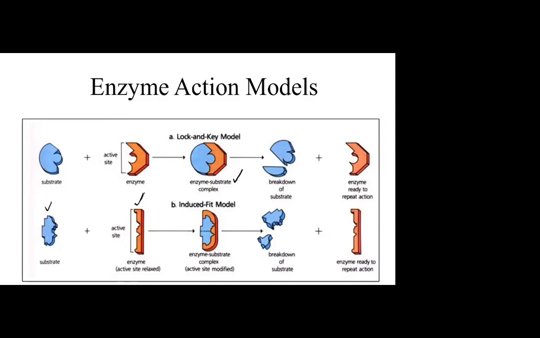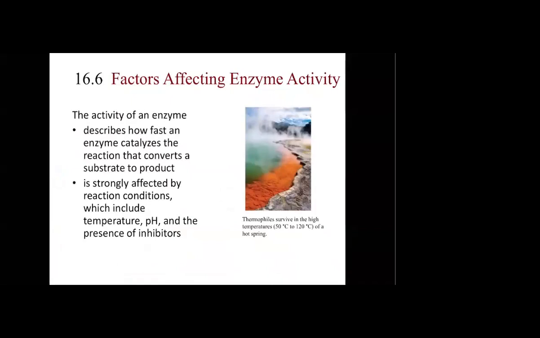Now, enzymes can be affected by a number of factors, okay? Remember, they are catalysts. They are going to convert substrates, in other words reactants, to products. So temperature affects enzyme activity, pH affects enzyme activity, and lastly, the presence of inhibitors affects enzyme activity.